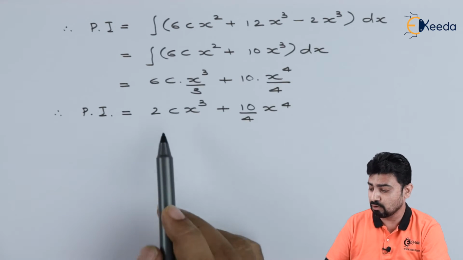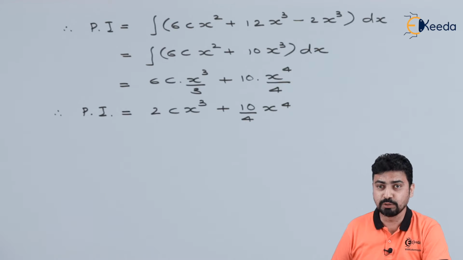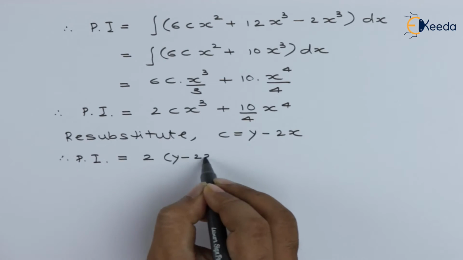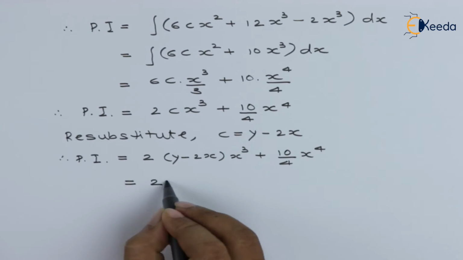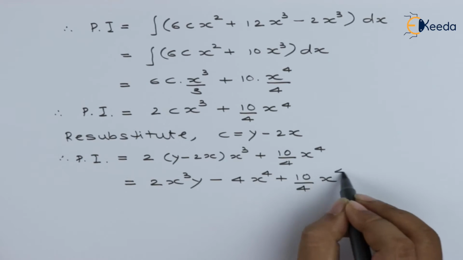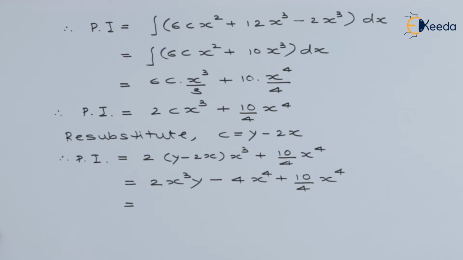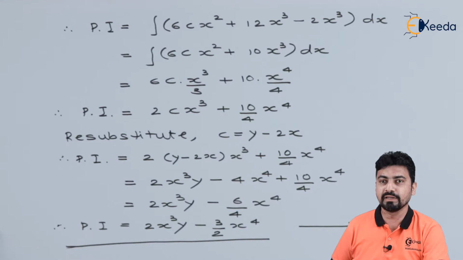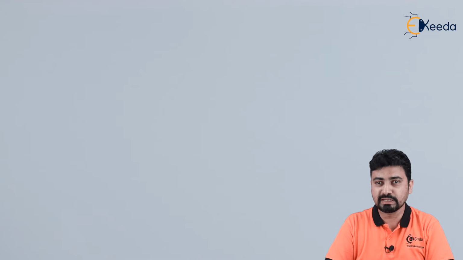However, we still have a constant c in this. We had substituted y is equal to c plus 2x. So, c will be equal to y minus 2x. So, what do we get after simplifying this further? That's our particular integral, which is the second part of the solution. Now let us combine the two parts to find the final solution.